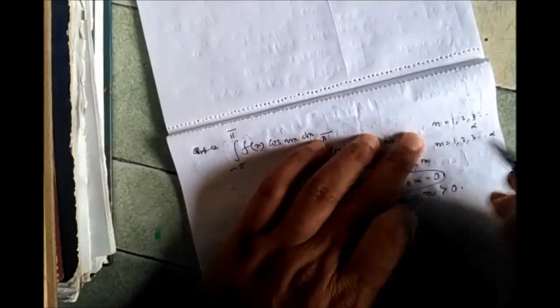This is a special case, and I choose n as 1, 2, 3 up to infinity, as in the previous sum. So m and n are not equal to 0, so only this condition holds good. So this is the right condition.